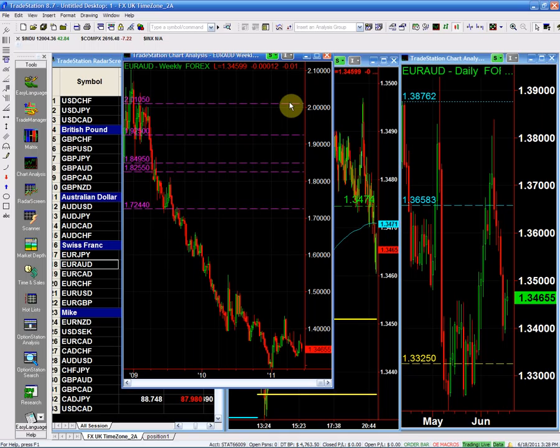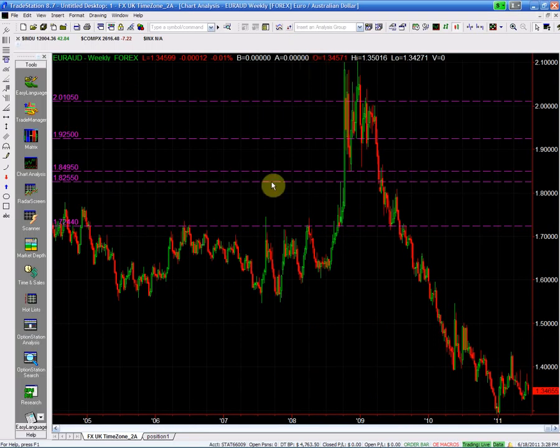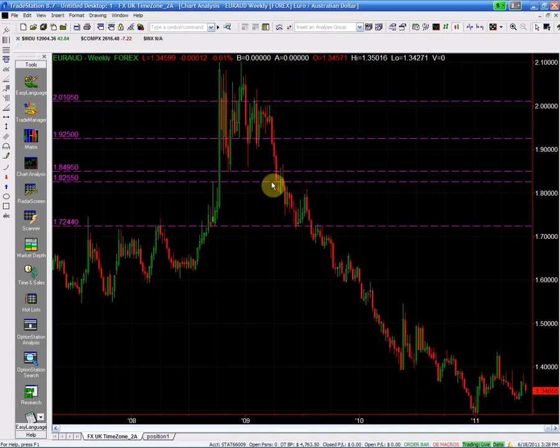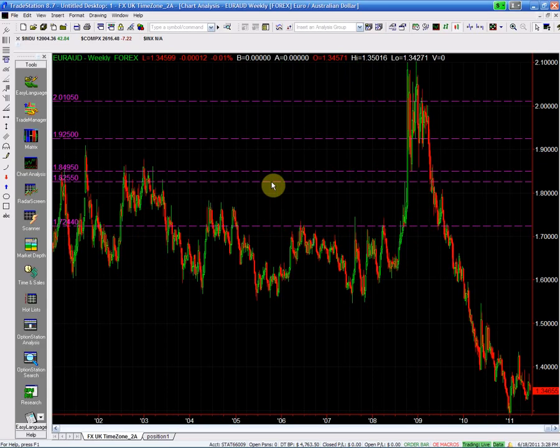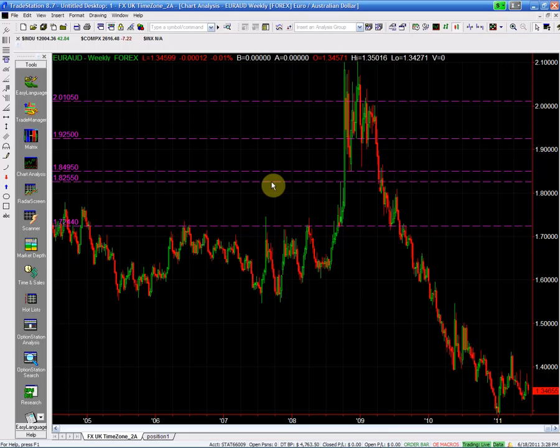You can see that the euro has been in a downfall against the Australian, and this is one of the classic patterns that we can identify, guys.